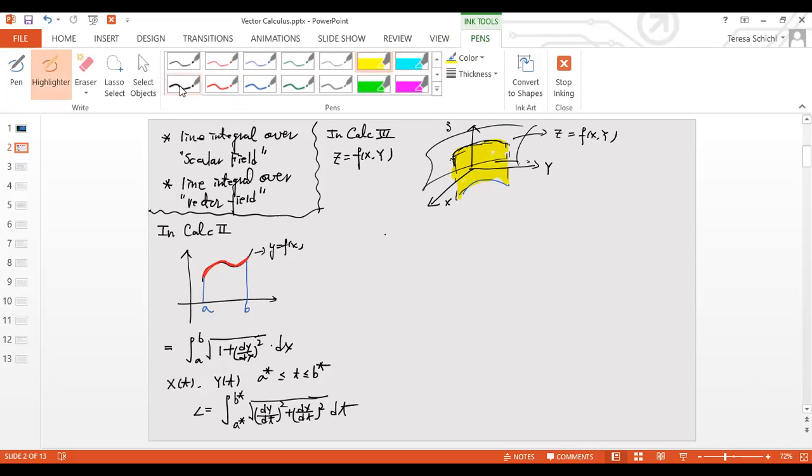You're trying to find this cross-section area of this curve. That's what I graphed in the yellow.